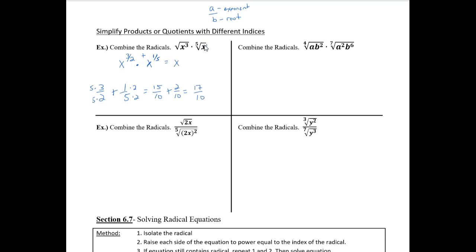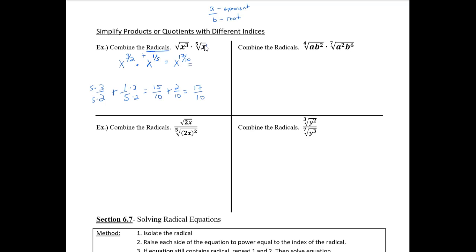So that's x to the 17/10. And then from there, you need to change it back to a radical. So in general, if you start with radicals, you should end with radicals, unless otherwise instructed. And this says to combine the radicals here, right? So we need to end with a radical answer.